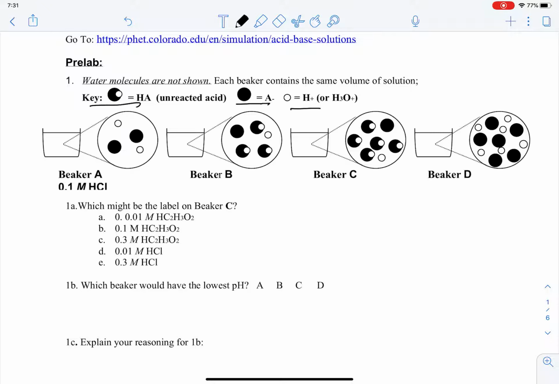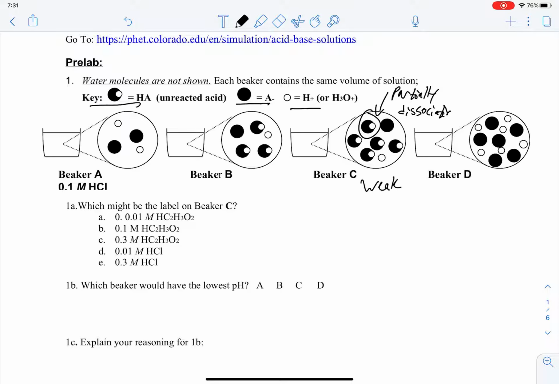If we look at beaker C, for example, these are all unreacted acids, and here we have one anion and one hydrogen ion. Is this a strong acid or a weak acid? This one has to be a weak acid, because these are only partially dissociating.